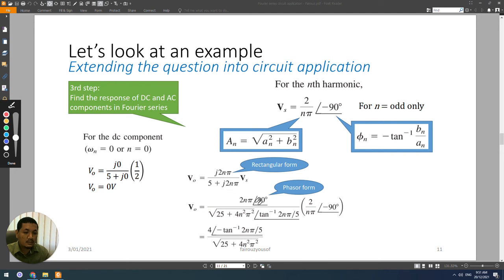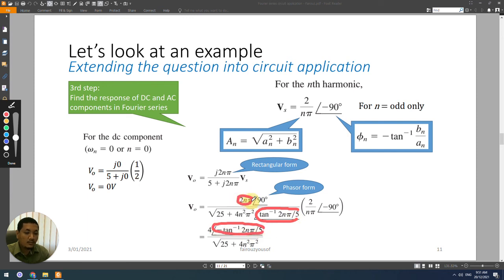We convert this from rectangular form into phasor form, because we want to combine with the phasor form of the Vs. Here we can see that 90 degrees plus negative 90 degrees is 0, and then we minus this value, which is the negative inverse tan.